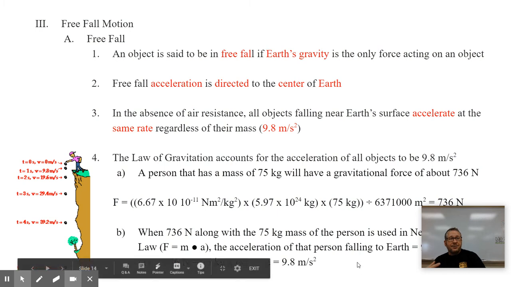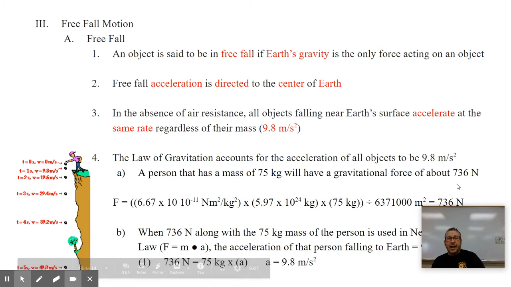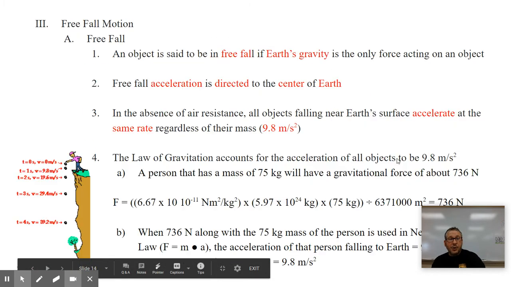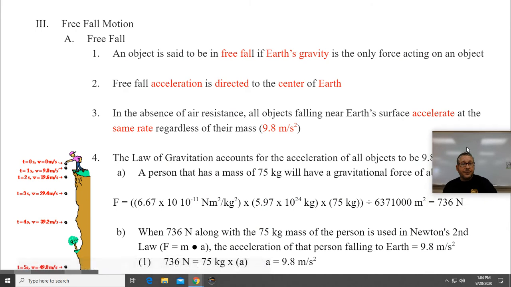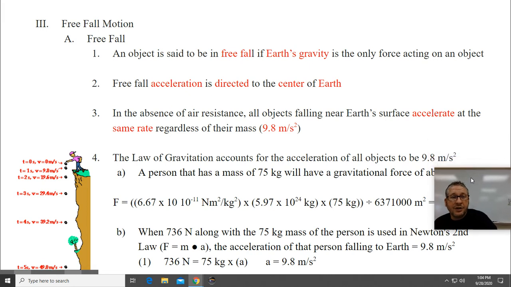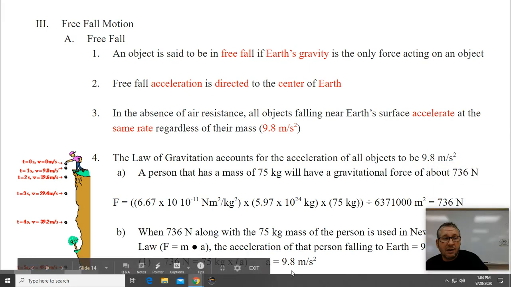So if we take a person with a mass of 75 kilograms, and we've already calculated their gravitational force, 736 newtons, and we apply Newton's law after calculating that 736 newtons of gravitational force, we wind up with an acceleration of 9.8 meters per second squared.